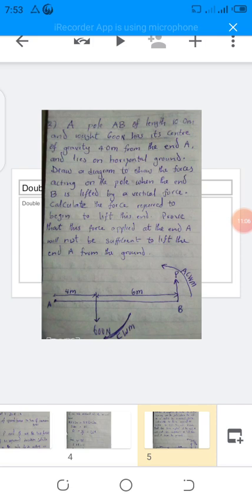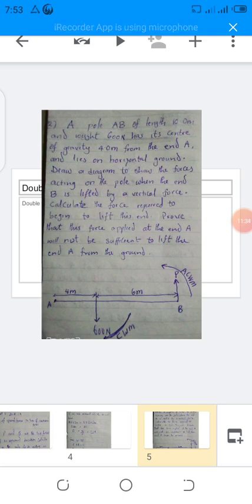Then if you are the one to lift this object up at point B, where will your force go? Your reaction will go upward, because you will place your hand under the wood and try to lift it up. So the direction of the force you apply to lift the pole at point B is upward.